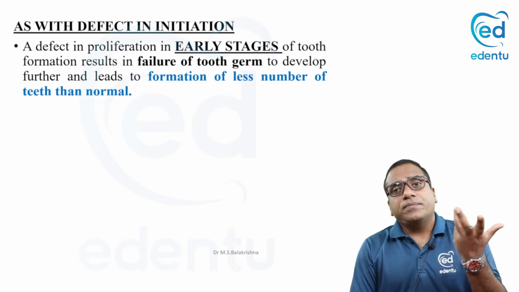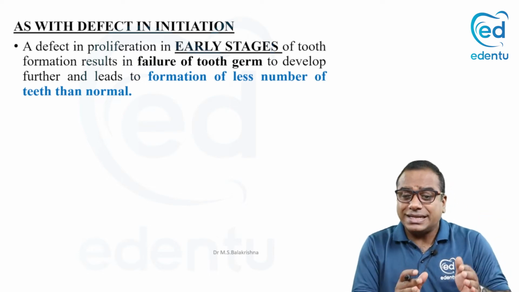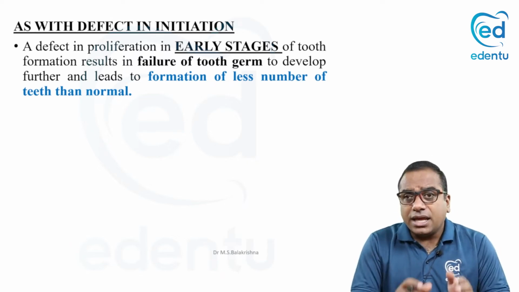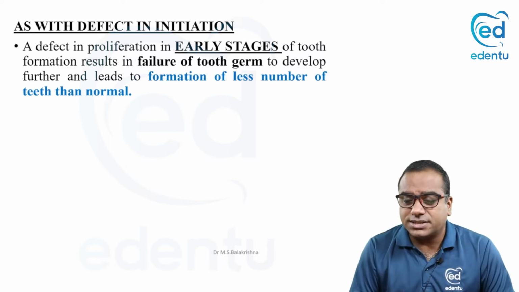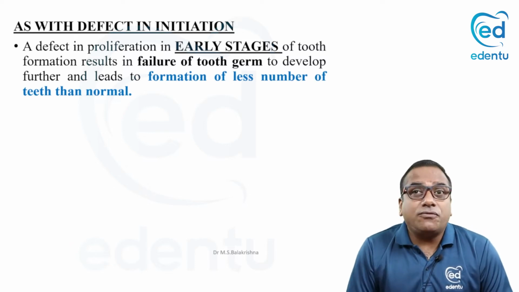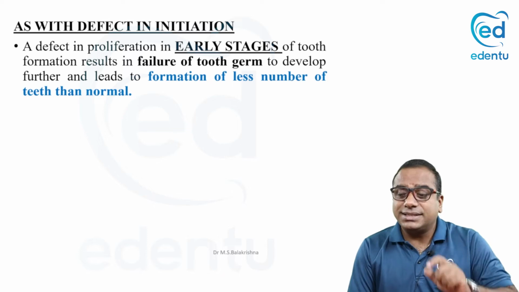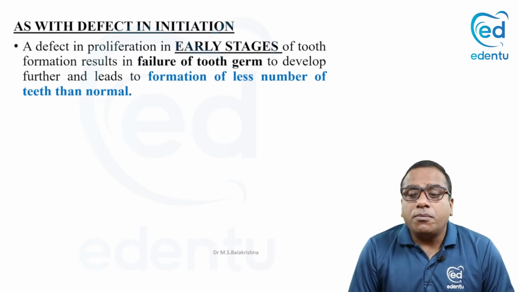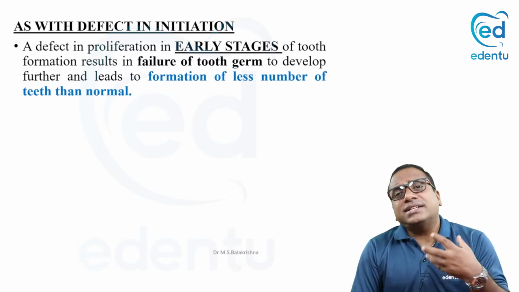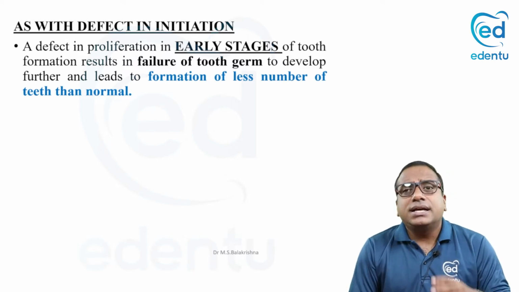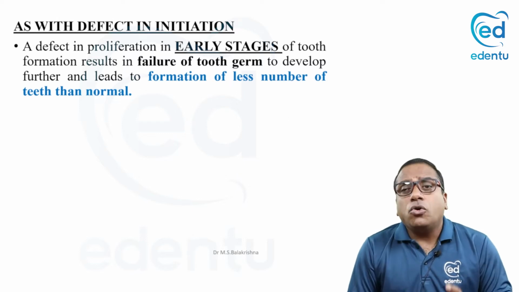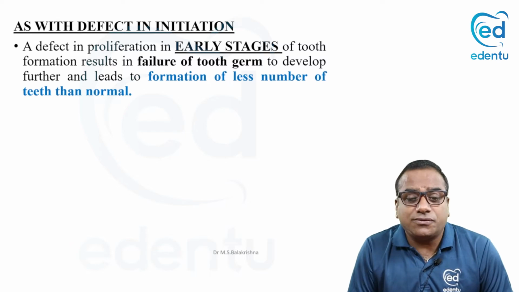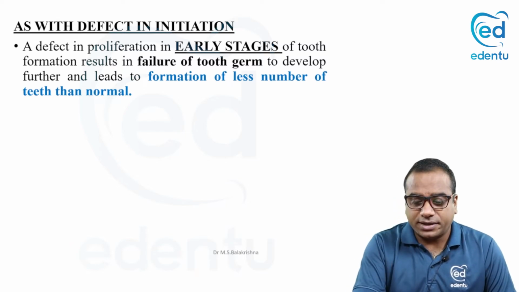That is if there is a defect in the early stages of tooth formation. And if there is a defect at the later stages, a tooth will be there, but it will be defective in size and shape. So it will be a deformed tooth. And if excessive proliferation of tissues takes place, then that will result in odontogenic cysts and tumors. That is all if there is a defect during the late stages of tooth development.